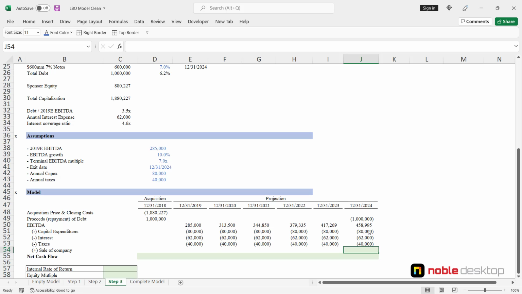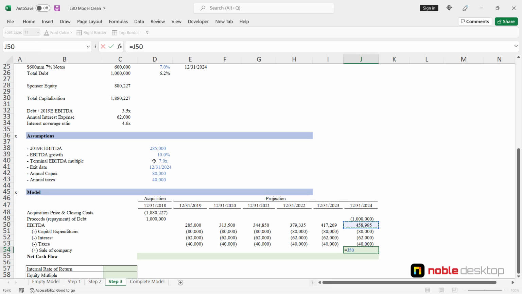Control right arrow, down arrow, let's fill the formula for sale of company. So here I'm going to take my Ebitda for the last year and adjust it for the Ebitda growth for the following year, and also apply terminal Ebitda multiple to calculate for how much I estimate I will sell that company. So let's go ahead.